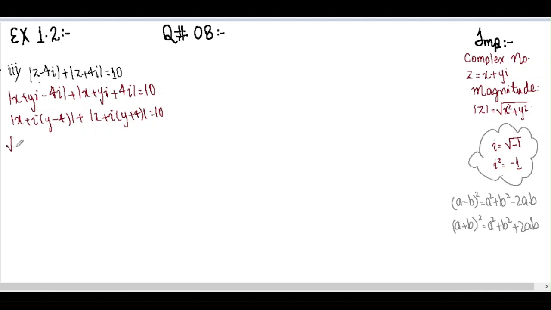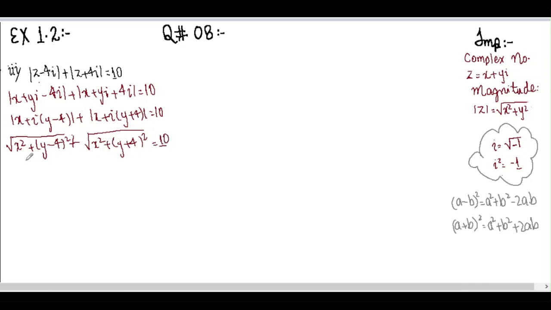So square root of x square plus (y minus 4) whole square, plus square root of x square plus, the imaginary part over here is (y plus 4) whole square, equals 10. 10 remains as it is.